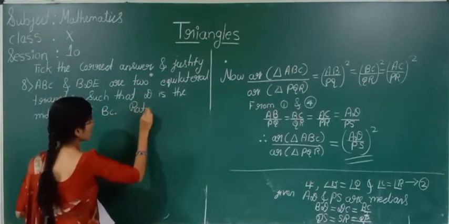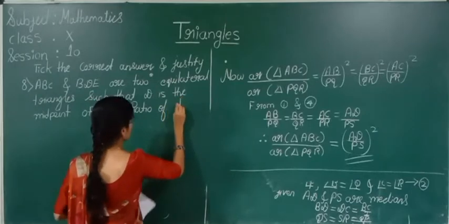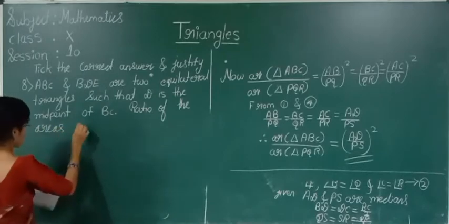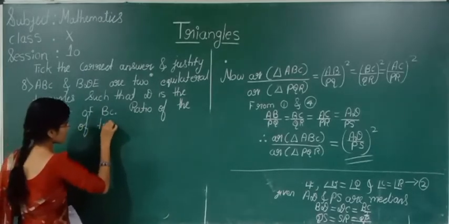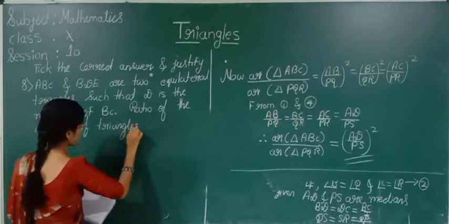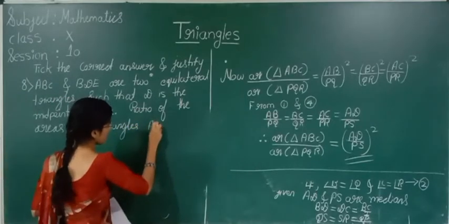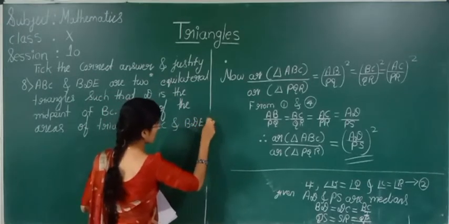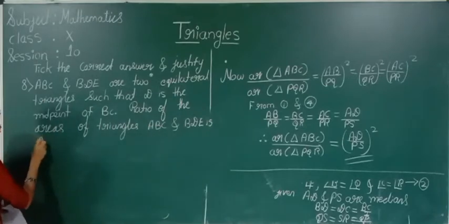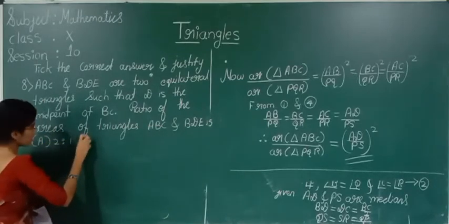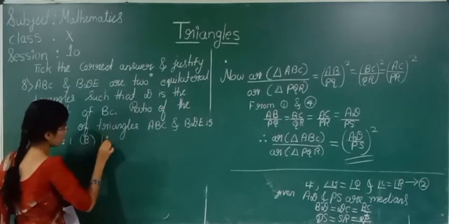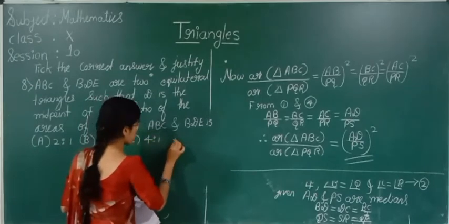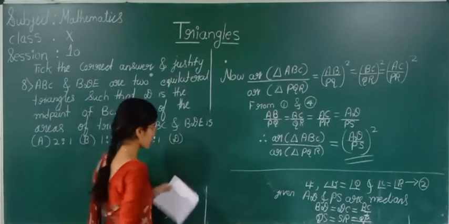The ratio of the areas of triangles ABC and BDE is: A, 2:1; B, 1:2; C, 4:1; and D, 1:4.